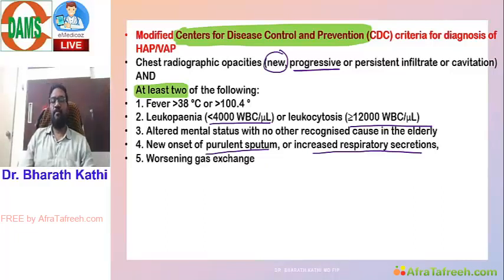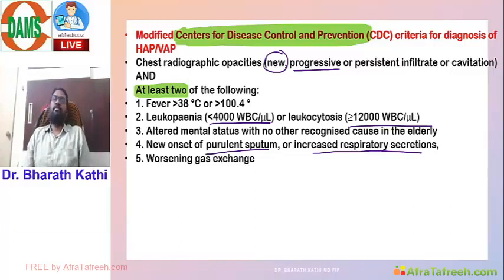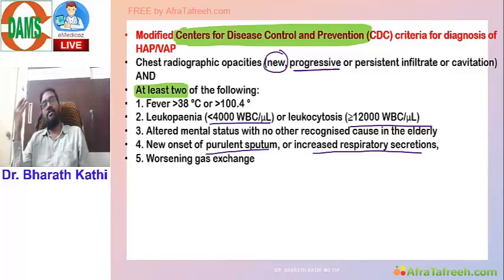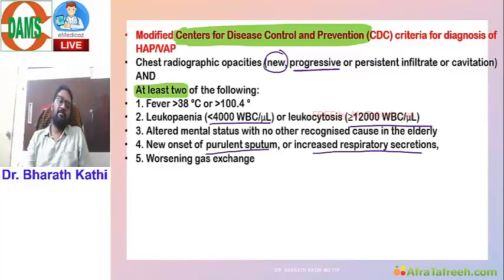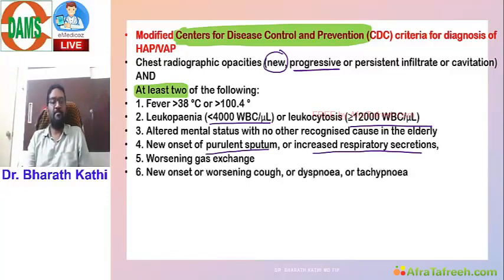And patient is having worsening gas exchange. Previously the saturation was 94-96 on room air. Now saturation on room air is 90%, or the oxygen requirement has increased. Previously the patient was comfortable on 2 liters oxygen. Now he is requiring 5 liters of oxygen. So that is worsening gas exchange.